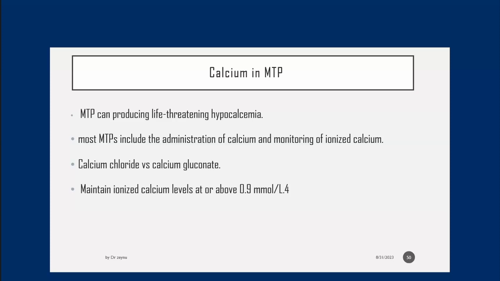For that matter, it's better to use calcium chloride than calcium gluconate, since trauma patients may have liver injury as well. The same applies to patients with liver failure. The target of ionized calcium is above 0.9 while doing the massive transfusion protocol.